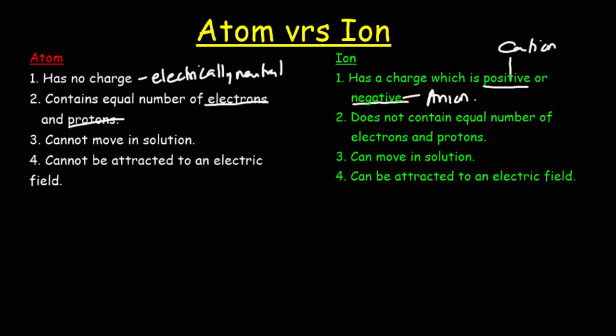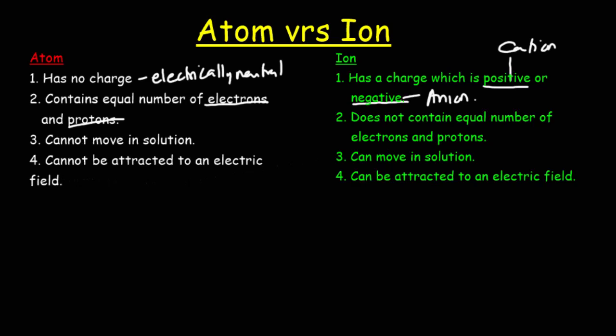So an atom cannot move in solution because it has no charge. On the other hand, an ion can move in solution because it is charged. So anytime an atom loses an electron or gains an electron to become an ion, it becomes mobile, and so the ion can now begin to move.